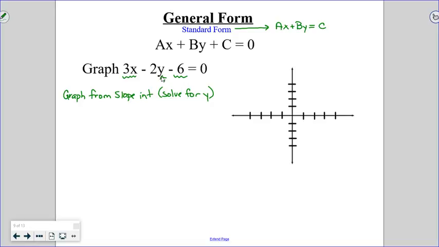I would subtract 3x. I would divide everything by -2. A negative over negative is positive. And now I would start at my y-intercept and use my slope to graph that. That's option 1. Okay? Option 2 is to graph from your intercepts.